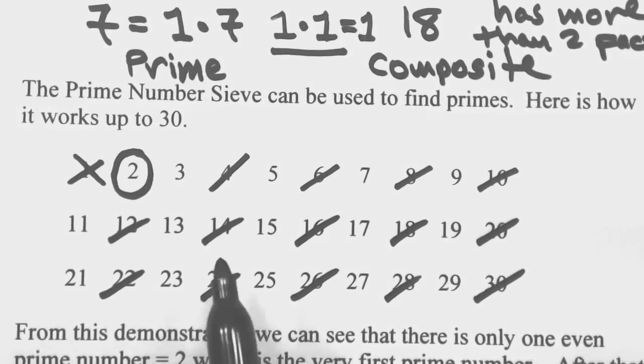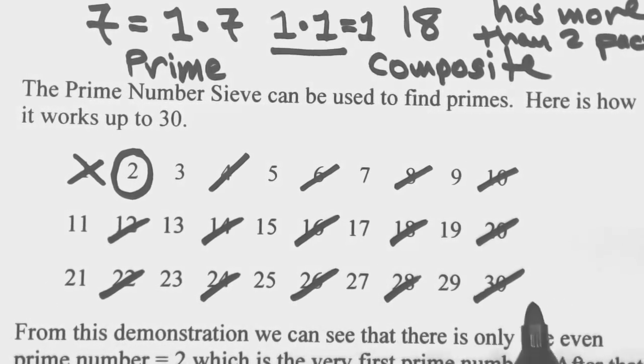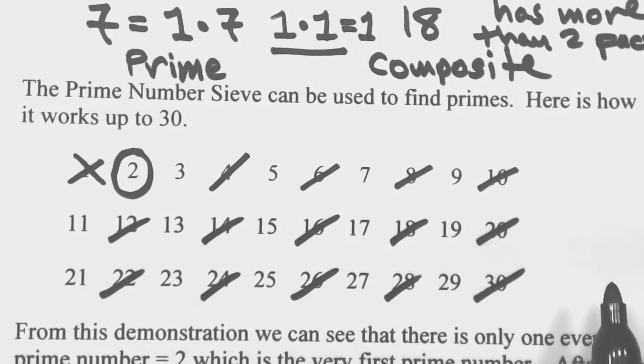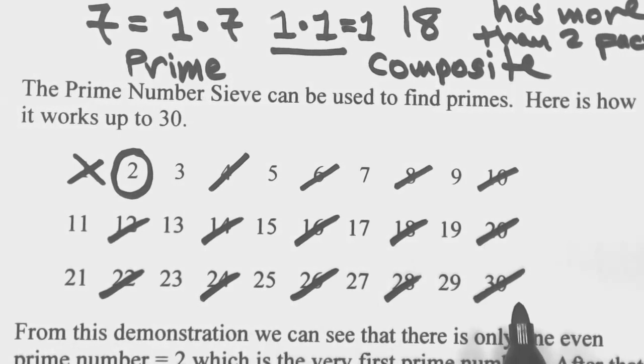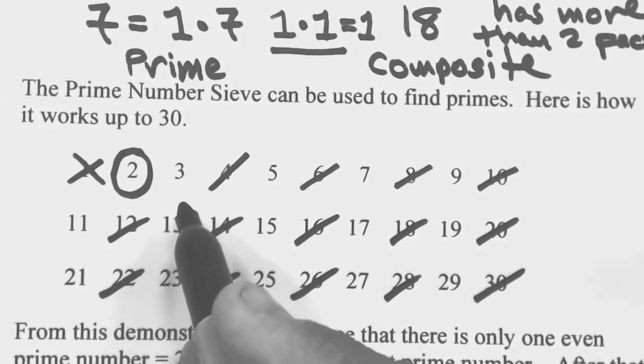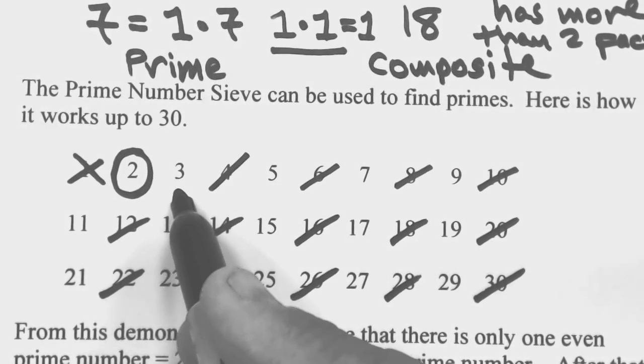Well, you begin to see the power of the sieve here. We've just knocked out half of all the remaining numbers. You could, of course, make this go up higher than 30, but we usually only need to know primes up to about 30.